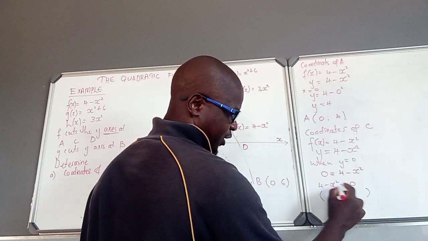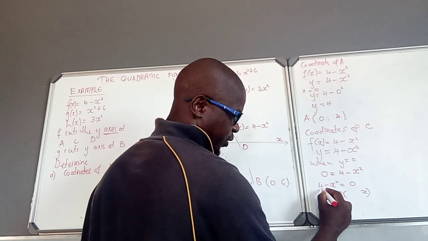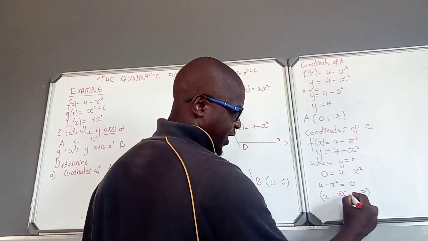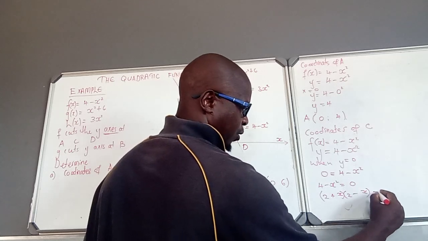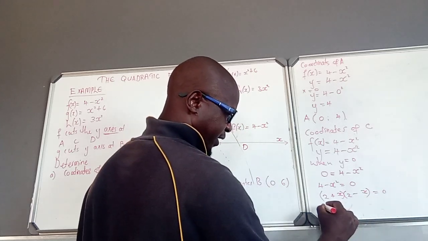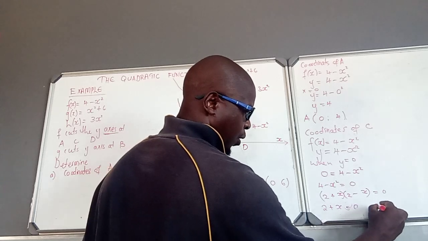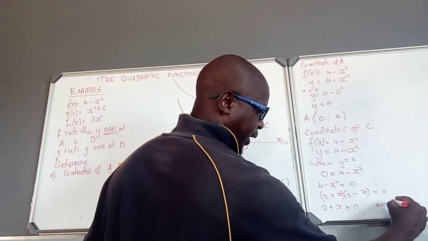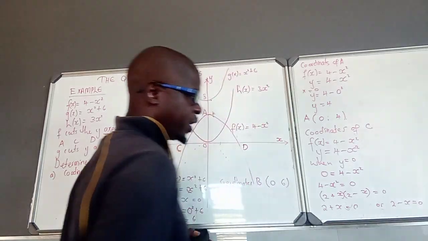With this one, x squared, you can put your x here, and the square root of 4 is 2 there, and these two brackets, a plus and a minus, all that is equal to 0. So either 2 plus x is equal to 0, or 2 minus x is equal to 0.